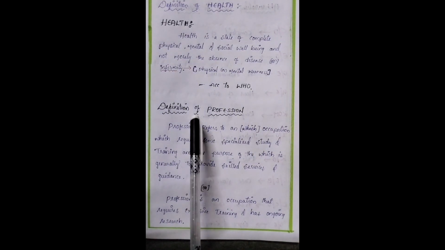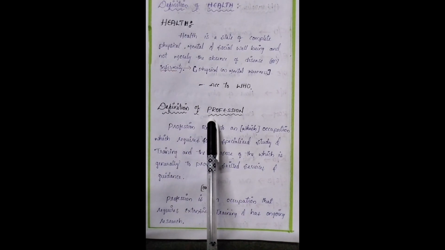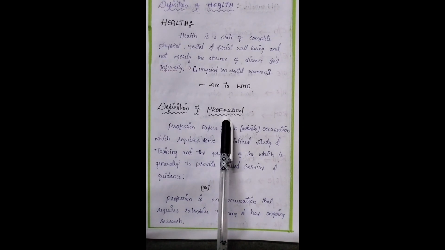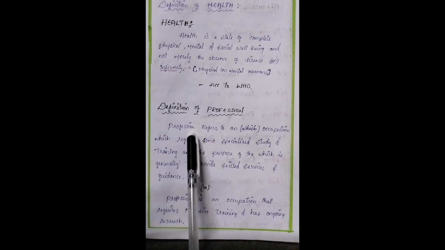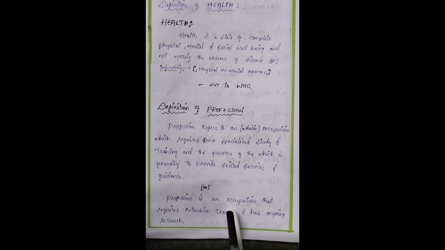Next, profession. Definition of profession. Basically, what is the meaning of profession? Profession means an occupation or work which we do. A profession is an occupation that requires extensive training and has ongoing research.